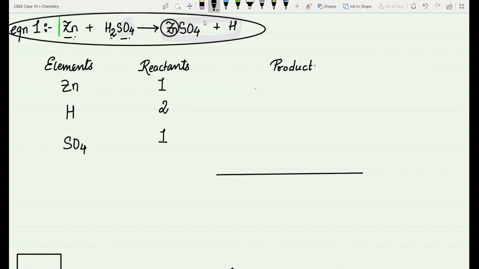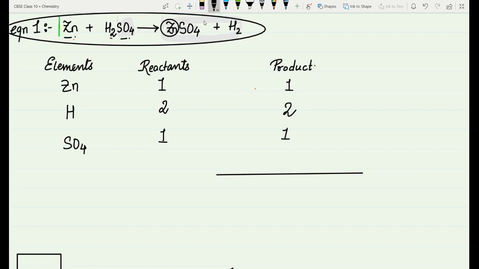अब products में देखते हैं क्या है. Zn में Zn यहाँ पे भी एक ही Zn है. हाइड्रोजन, यहाँ पे हाइड्रोजन 2 होगा. So we have 2 hydrogen over here and sulfate is also over there.